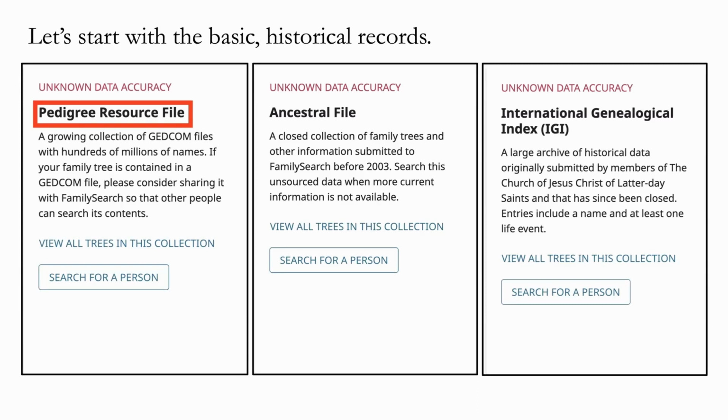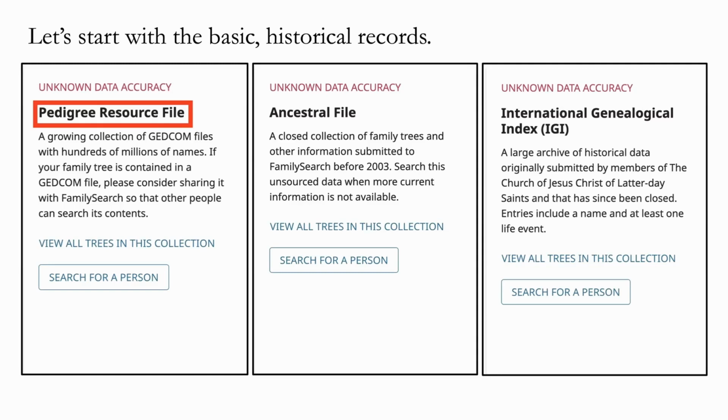In the genealogy section of the FamilySearch.org website, all of those Pedigree Resource Files, the GEDCOMs that were uploaded, are in existence. They're all sitting there on the website. It's like an archive of all of the information that people have been submitting for many, many years. That's the good news: they're still in GEDCOM format, but they can be viewed on the FamilySearch website and searched. So it's a vast amount of information.